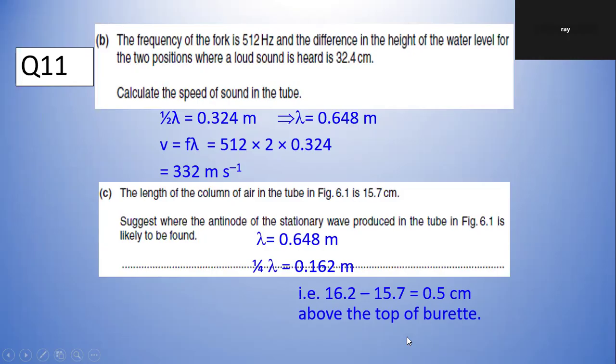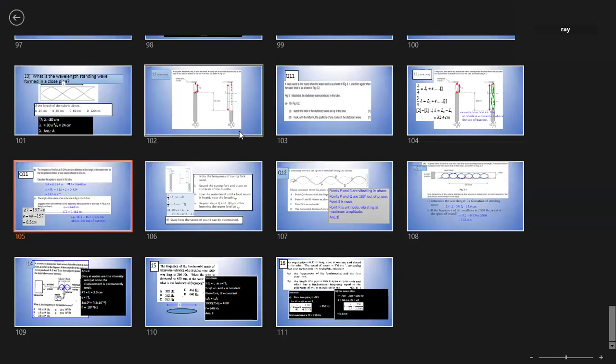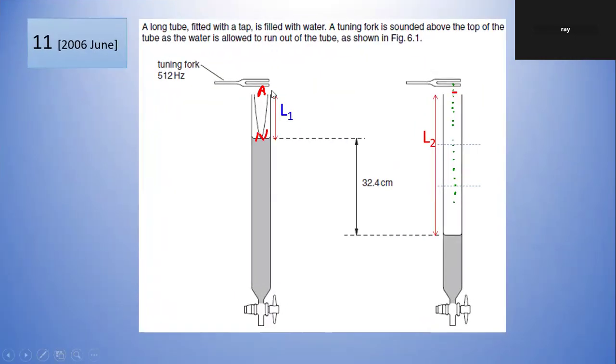This is called the end correction. Any comment? How do you know it's a quarter? Let's just go back to that. This is a quarter, that's maximum. But how do you know it's a quarter wavelength?